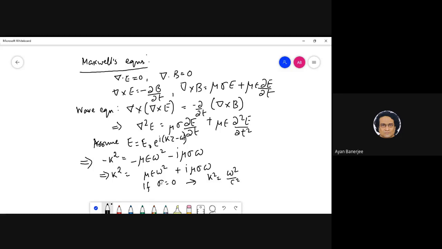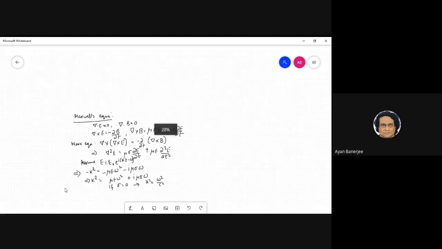So this is the dielectric case. The arising of this sigma is essentially rendering k complex, and that has enormous consequences. That is what we are going to look at first.